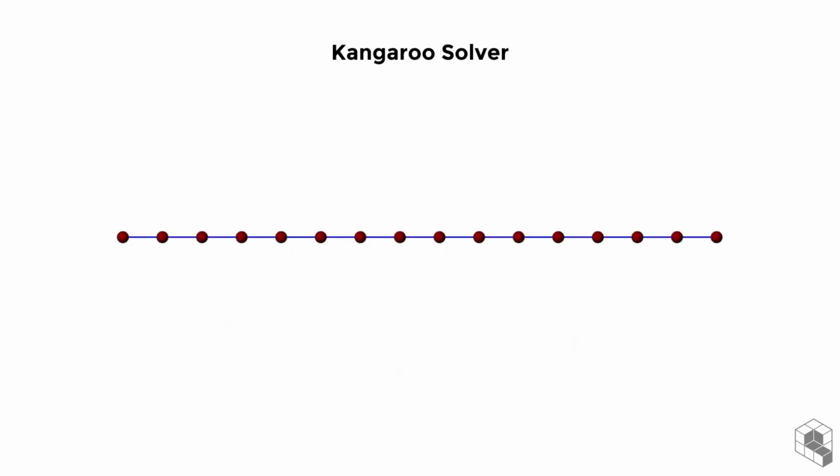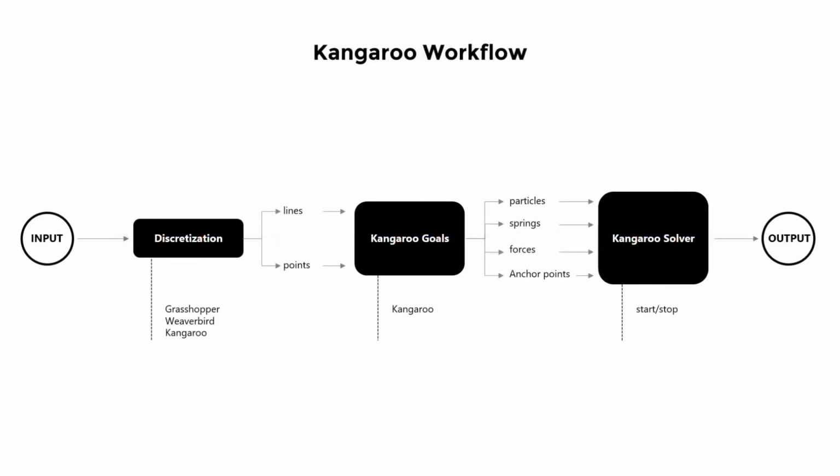In earlier versions of Kangaroo, this was more visible, but I have to say that as the software is in its more stable version, you do not really see this calculation, but you can actually extract the information. Usually the simulation is instantaneous. So this is the typical Kangaroo workflow.